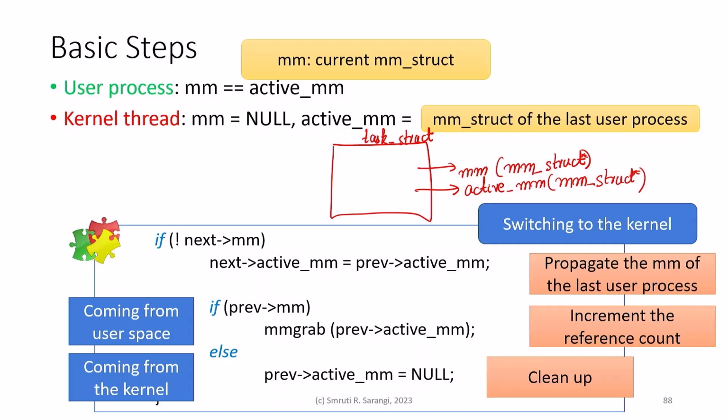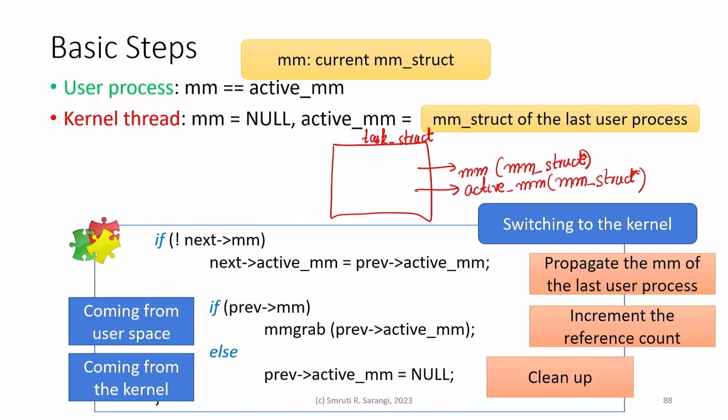So if you would recall, when we were discussing task structs, we said there is an active_mm, we'll discuss it later, and that later point is here in slide number 88. For a user process, mm is equal to active_mm. Both are the same, right? So in this case, both the pointers are the same. So I would just like to make one small digression.